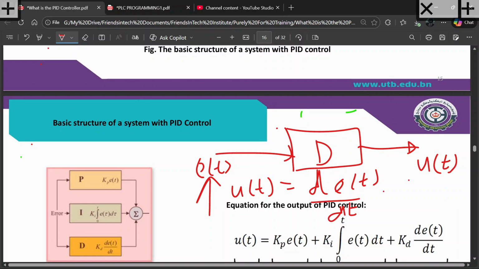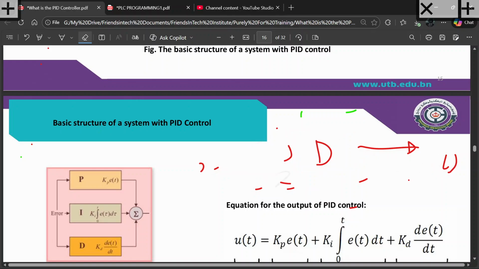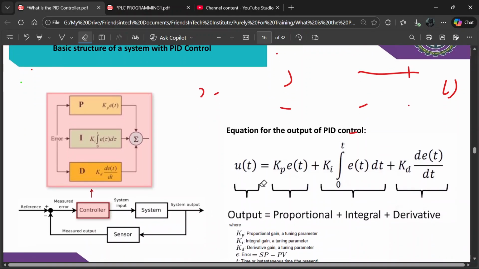Now, if you combine these three formulas, then you come up with this here. It's called the PID equation.